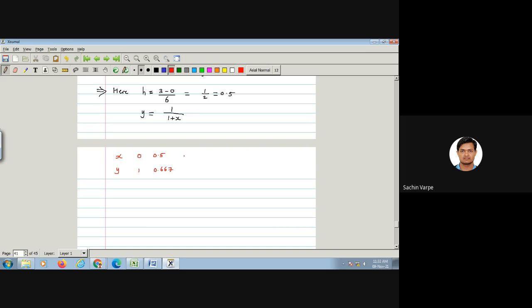Then 0.5 plus 0.5 is 1, and this y is 0.5, that is 1 upon 2. Then 1 plus 0.5 is 1.5, corresponding y is 0.4.